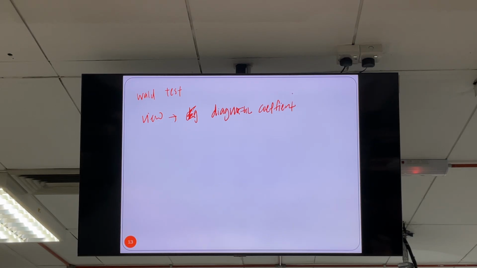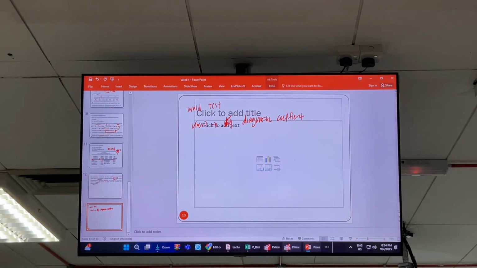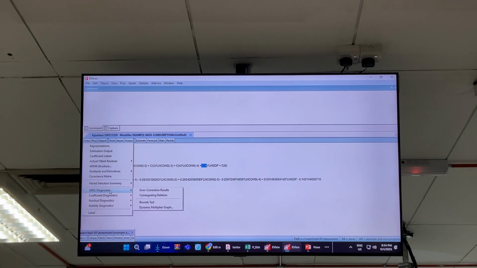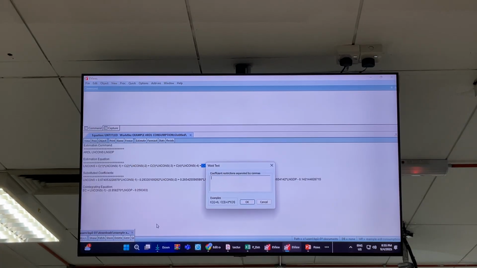But before that, you have to take a look at the coefficients. You choose Coefficient Diagnostics, Wald Test. It means that you want to restrict a certain coefficient.